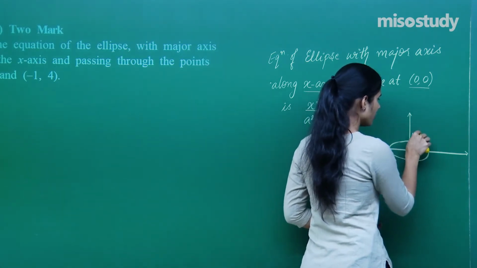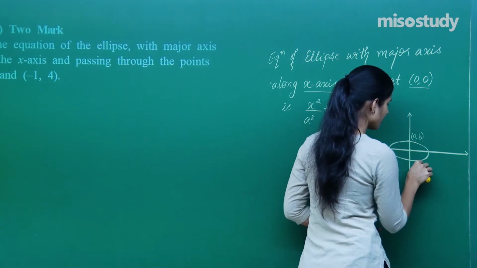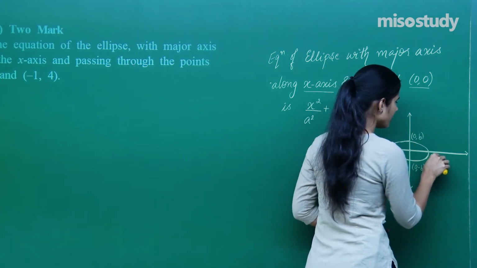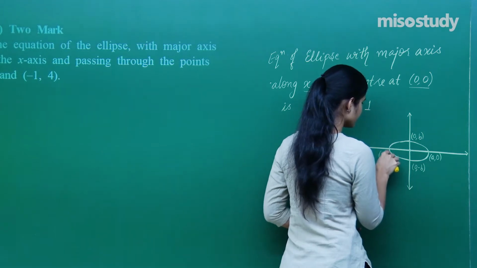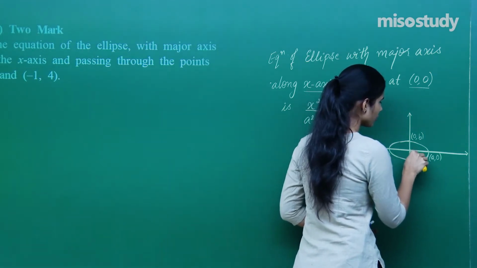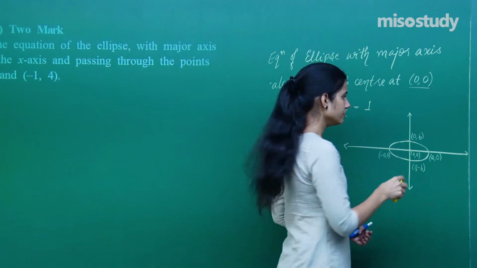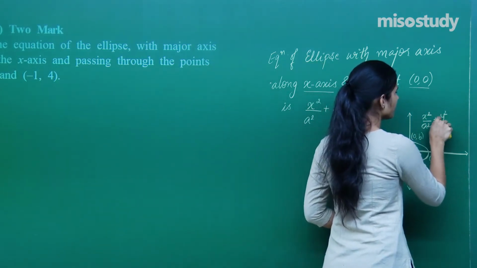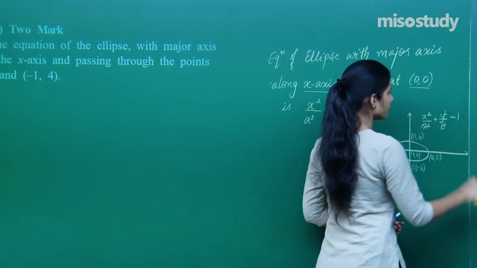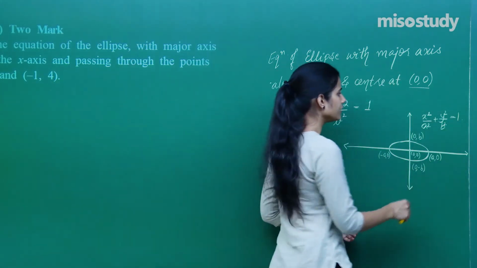So this is (0, b), (0, -b). This is (a, 0) and this is (-a, 0). And this point is (0, 0). The equation of this is x square by a square plus y square by b square equals 1. a is clearly greater than b.